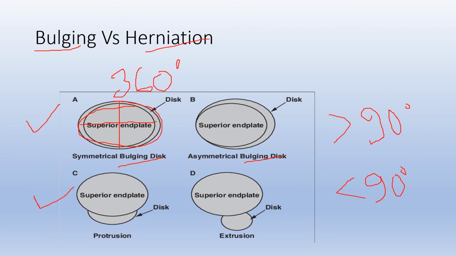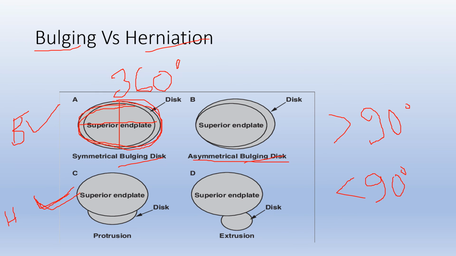So disc bulgings are of two types. When the whole of the disc is involved, then this is called a symmetrical bulging disc. When less than 360 degrees, or when the whole of the disc is not involved, then this is called an asymmetrical bulging disc. And herniation is also of two types. Those two are herniation and those two are bulging.